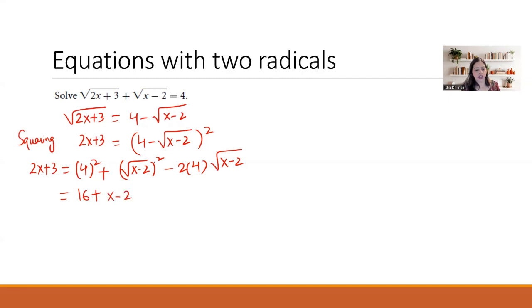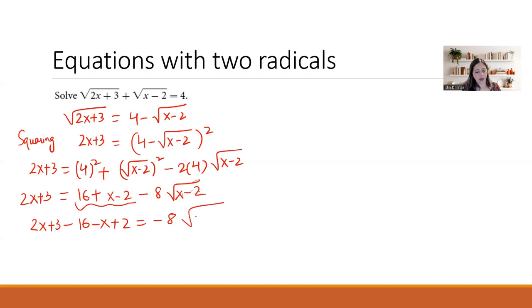So square root of x minus 2 squared, the square and square root will balance each other. You will get x minus 2 minus 8 times square root x minus 2. This side you have 2x plus 3. Now move all these terms to the other side. So 2x plus 3 minus 16 minus x plus 2 equals minus 8 square root x minus 2. Now first you simplify the left-hand side. So 2x minus x giving me x, and then 3 plus 2, 5 minus 16 giving me minus 11.